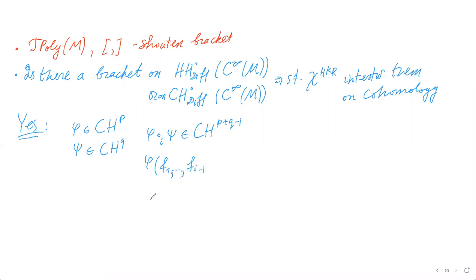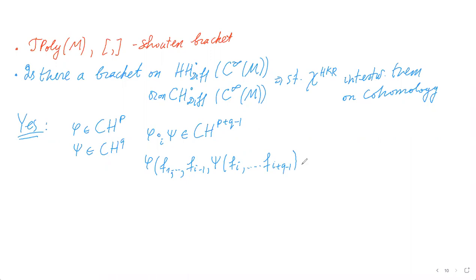So you apply phi to these functions. Then instead of the next function, the function f i, you insert the value of psi applied to f i through f i plus q minus 1.